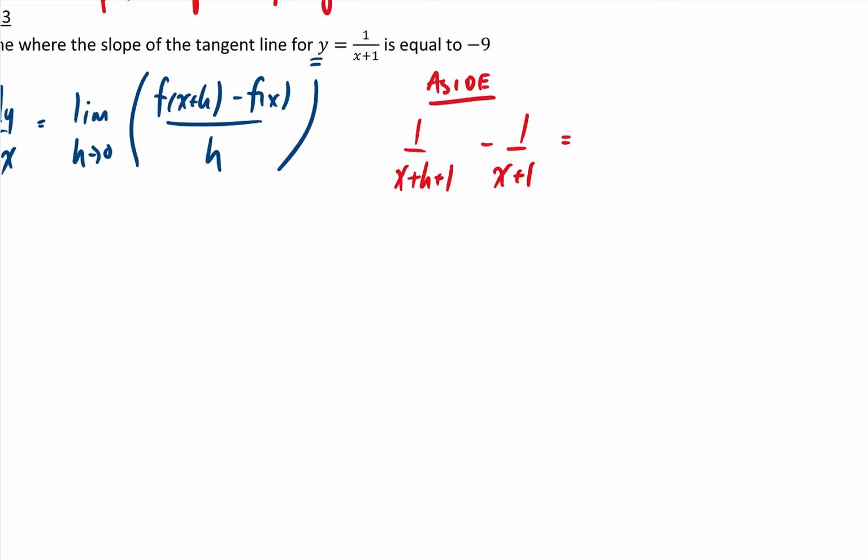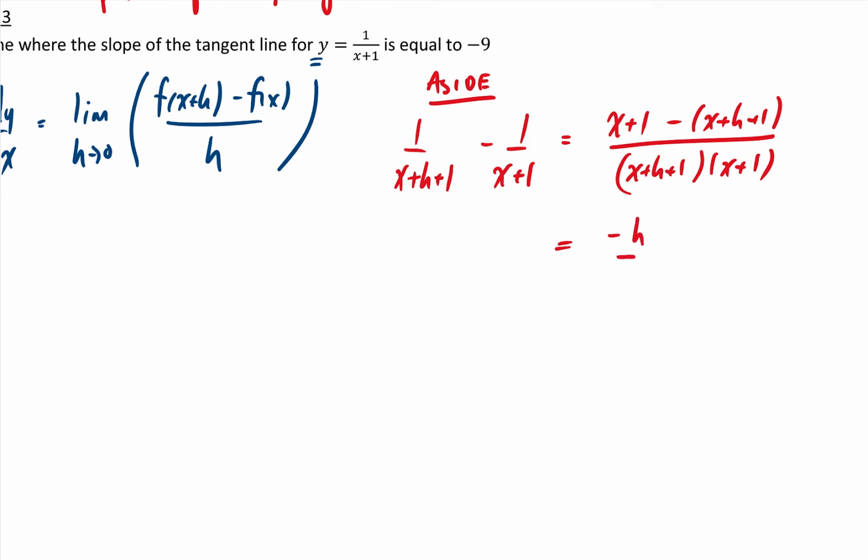So we want a common denominator, so I'm going to get x plus 1 minus x plus h plus 1 all over x plus h plus 1 times x plus 1. We see that the x disappears, the 1 disappears, and we're left with negative h over x plus h plus 1 over x plus 1.